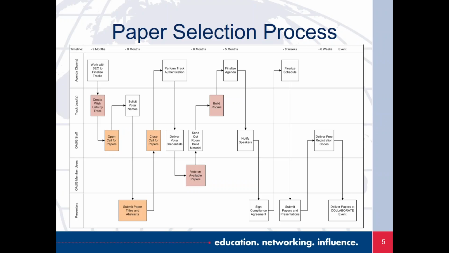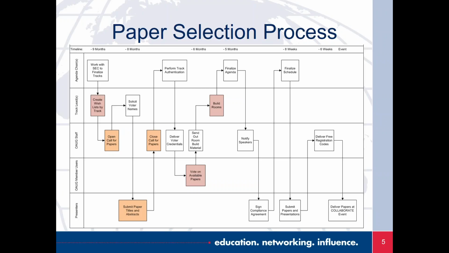Now, this is one vote per organization. So if your organization has not signed up to vote yet, please go on to the OAUG Collaborate page and submit your name and organization to be able to vote, because the more people we have voting, the better selection we can get in terms of what our attendees want to see. So we do have the voting as part of the process.